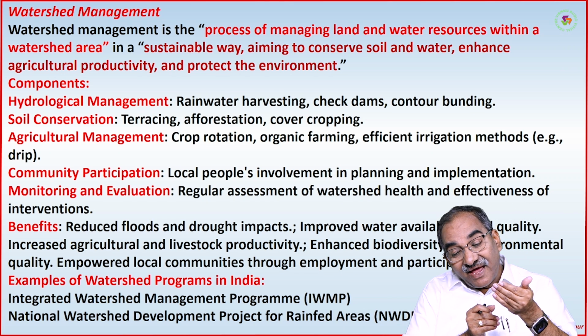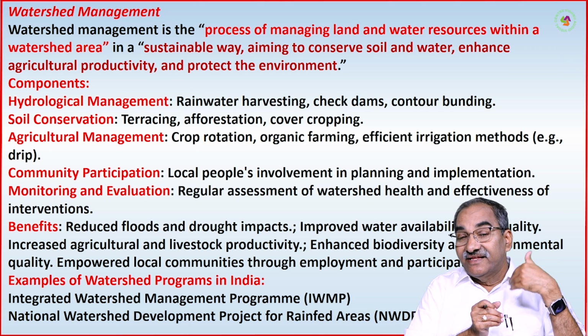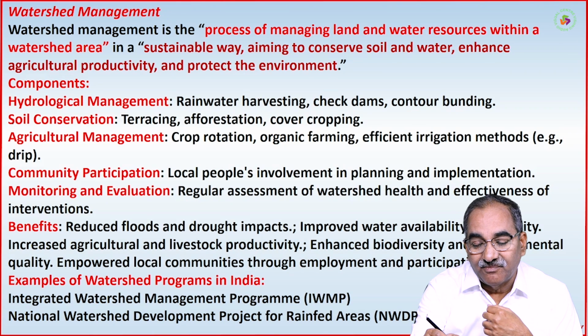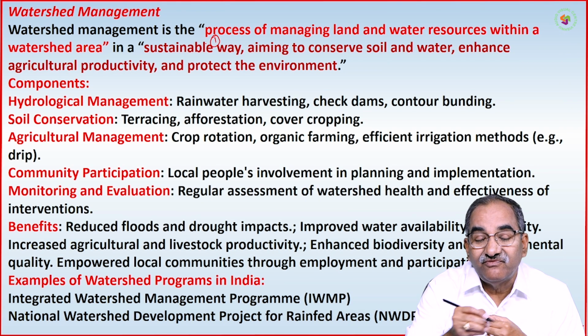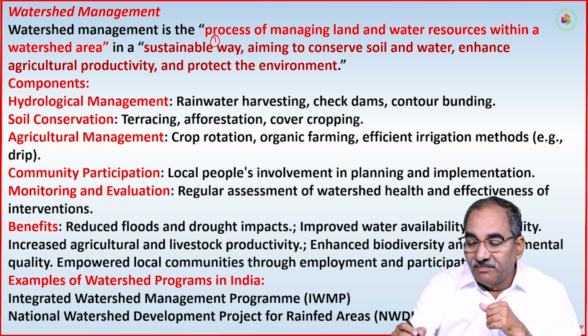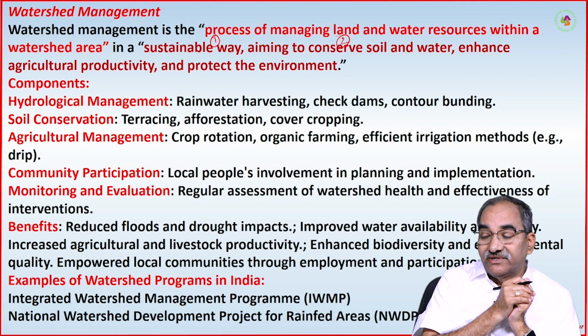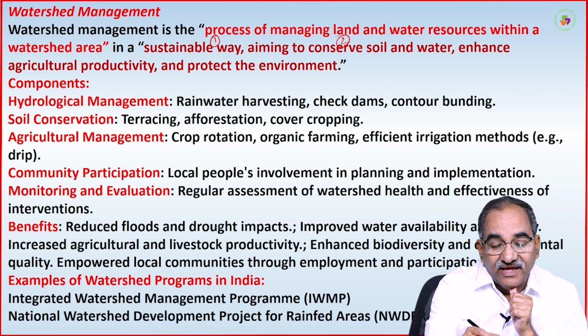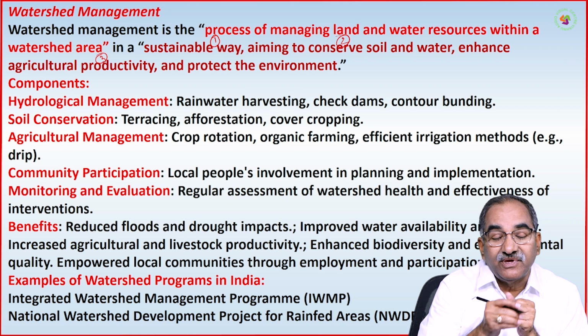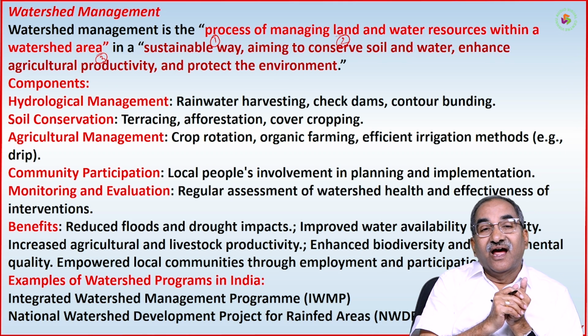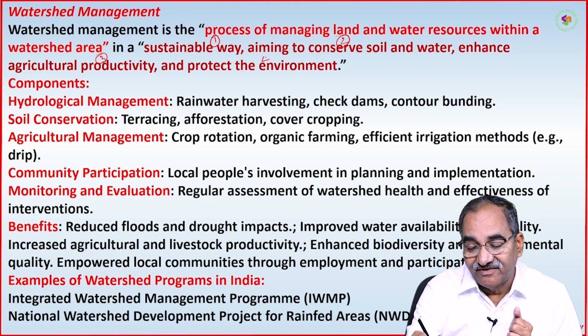But how are you managing them? Number one, in a sustainable way. Number two, aiming to conserve soil. Number three, improving agricultural productivity, and number four, protecting the environment.